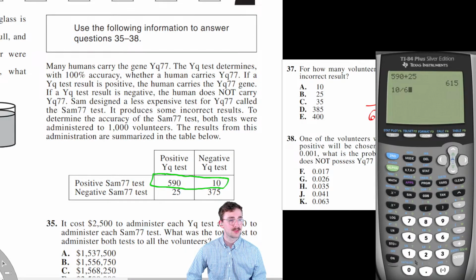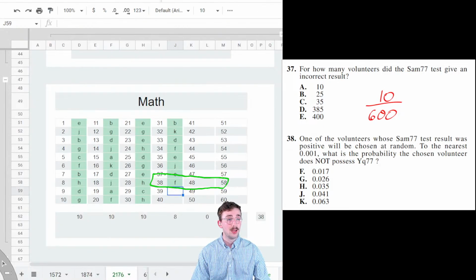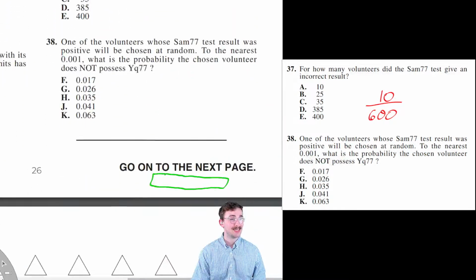I'm not going to test that because that's not the purpose of this broadcast. So what is the probability? I'm getting 0.016. So 0.017 is F. All right, let's check it. I'm actually scared I'm going a little bit too fast. But, oh well.